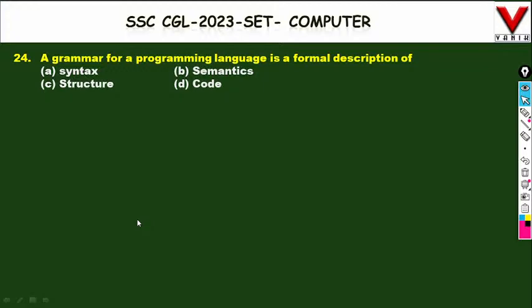Structure means it's well defined, completing a grammar for a programming language, a formal description of a structure. A grammar for a programming language is a formal description of structure.